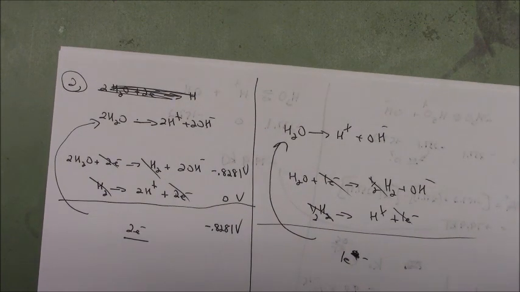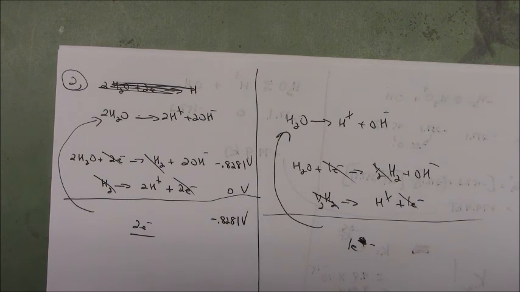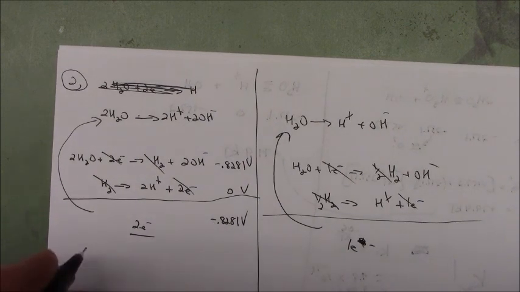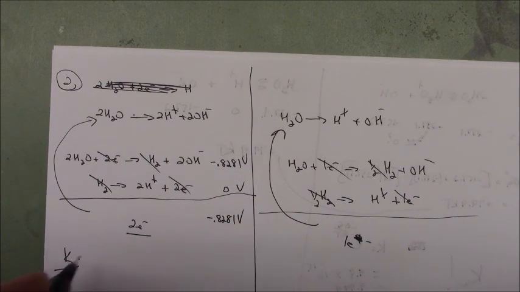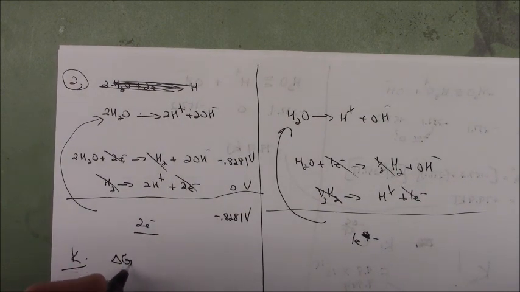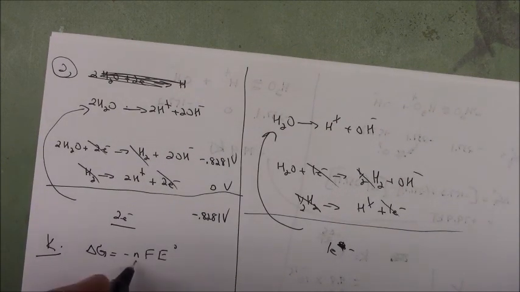So now what we're supposed to do is calculate K. So we need delta G. We know that delta G is going to equal negative NFE.